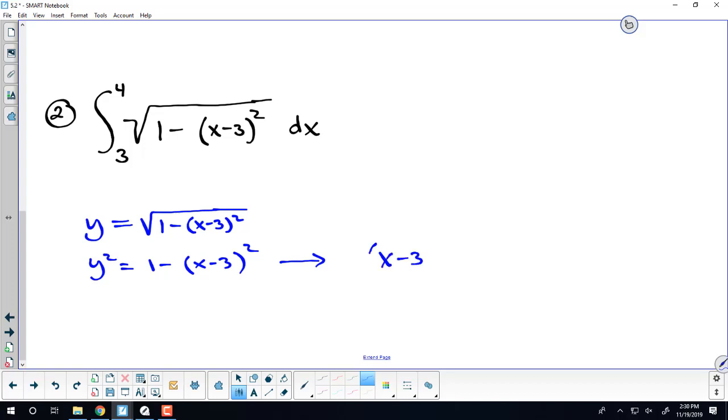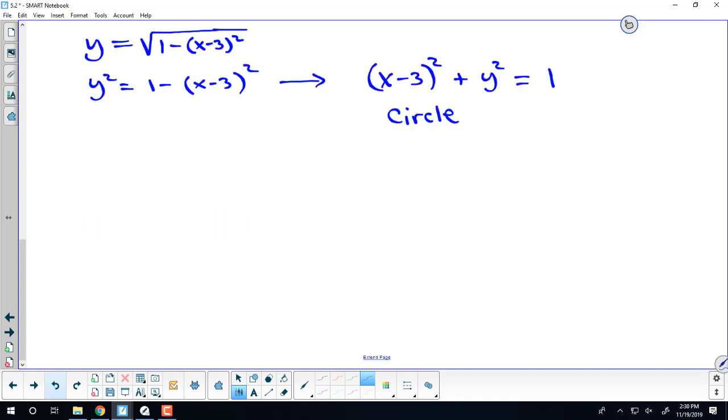Circle. Yeah, there you go. A circle with a center where? Center of 3.